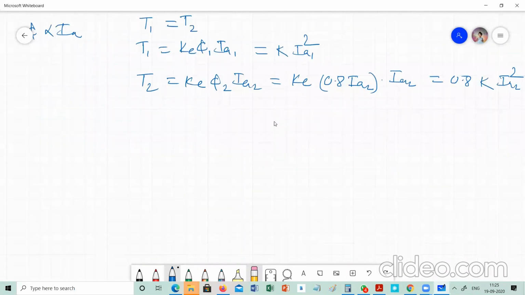But T1 is equal to T2. So K IA1 square is equal to 0.8 K into IA2 square. We have to calculate IA2. This K part will be cancelled.